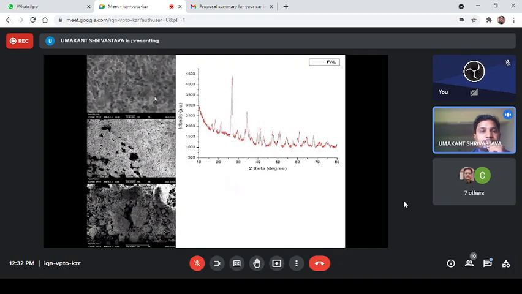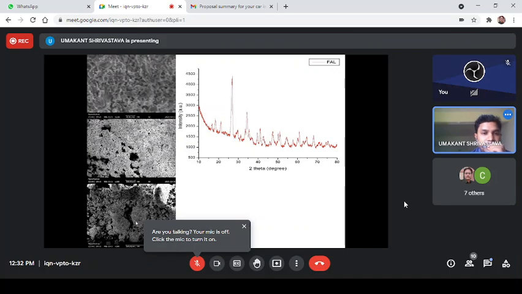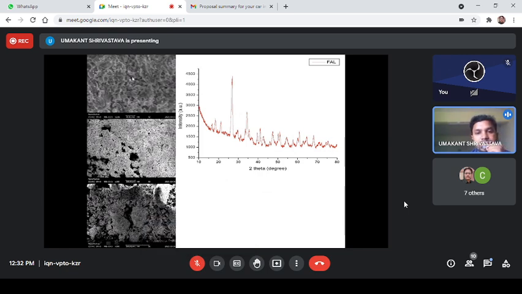Similarly, for the FAL sample, we have shown the same images at 100 magnification, 200 magnification, and 2000 magnification, and it is very well matched and very well coagulated with each other.